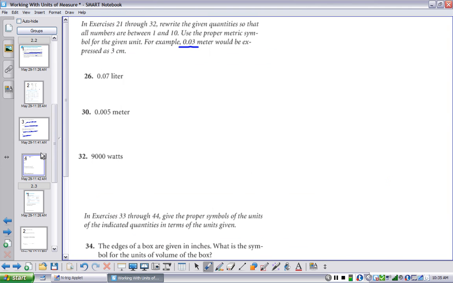So here we have 0.07 liter. We can do this like we did in the last section with the unit multipliers. 0.07 liter times. We need to look at centiliters versus liter. We know that there are 100 centiliters in 1 liter.